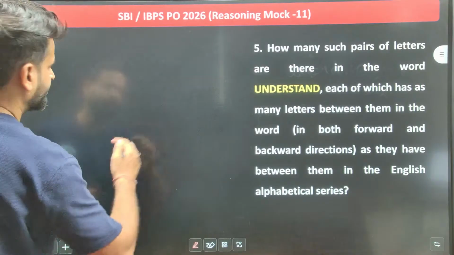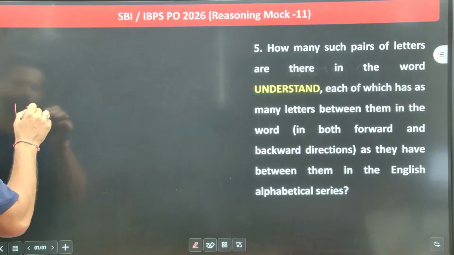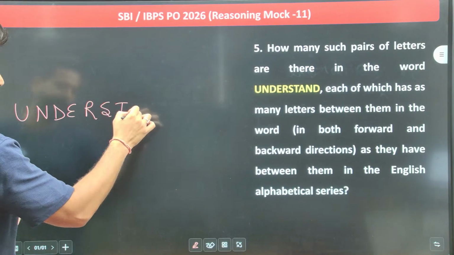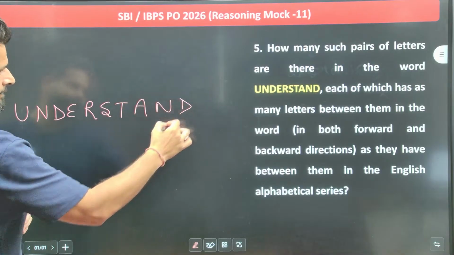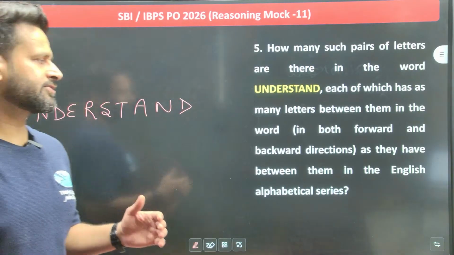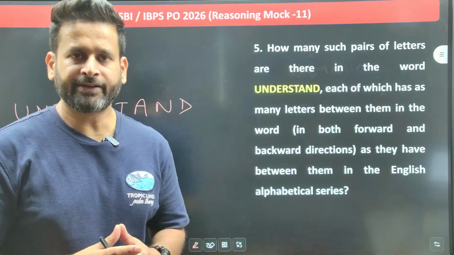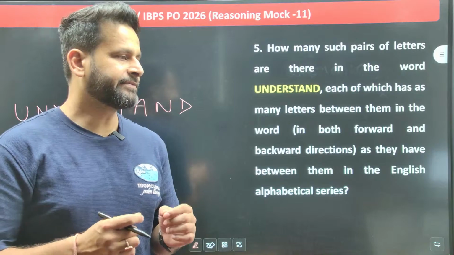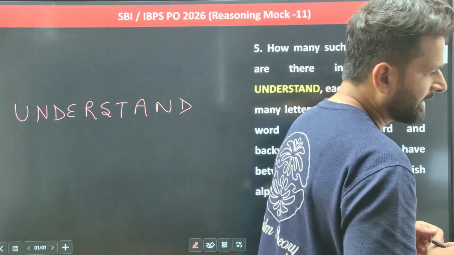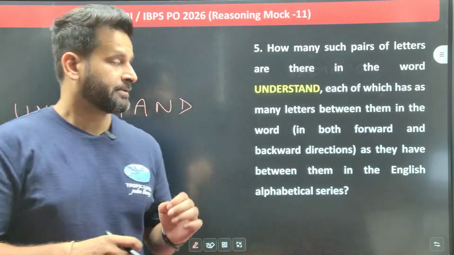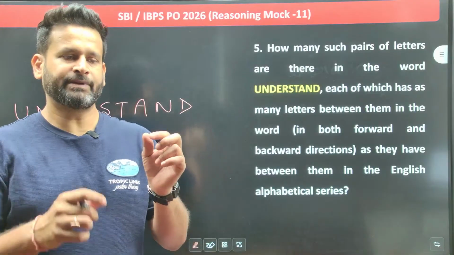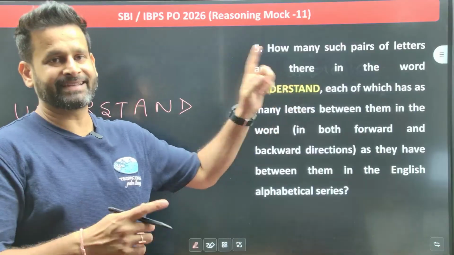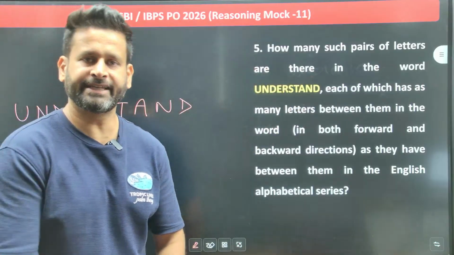Pair of letters, you might be knowing this question. Again, the word is same, but the question is totally different. Here you need to find the total number of pairs both in forward and in backward directions. Pair here means, for example, there are two letters, and the number of letters between them in this word is the same as that between them in the English alphabetical series.